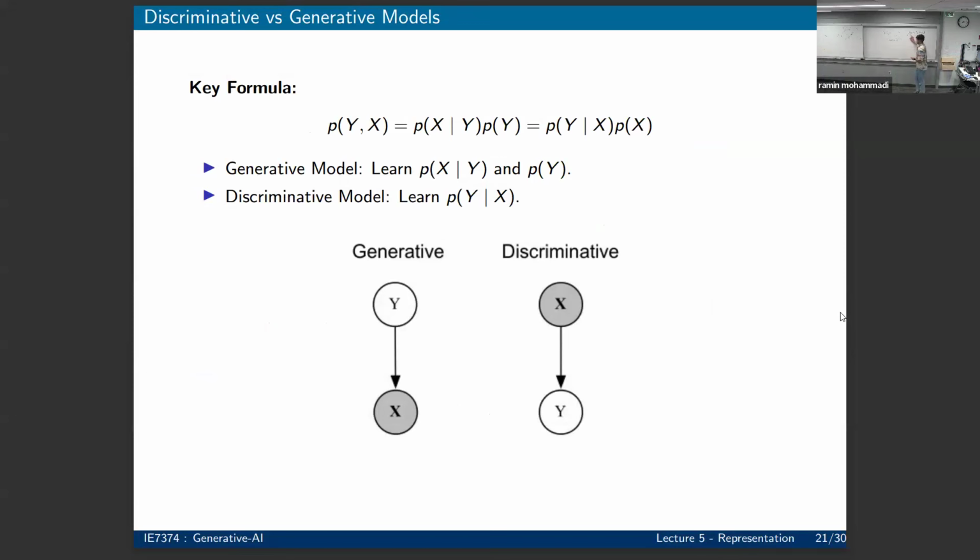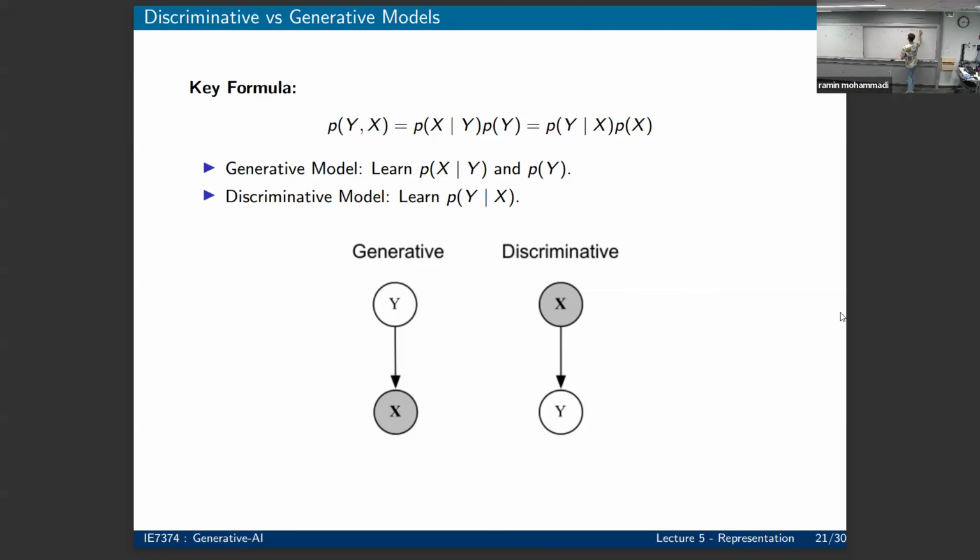Let's say we are trying to calculate the joint distribution of x and y, the data and the label. You can write the joint distribution in this form: x given y times the probability of y.